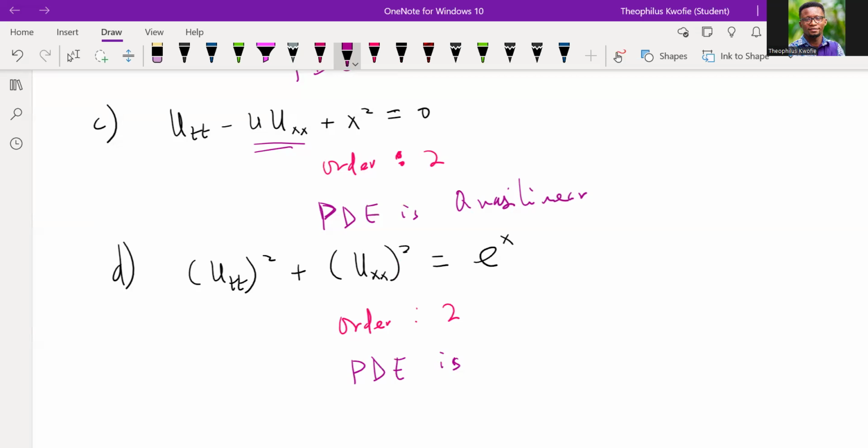We see that the partial derivatives are squared, which makes them nonlinear. Is that okay? So we claim that this is nonlinear. So this becomes non-homogeneous nonlinear.